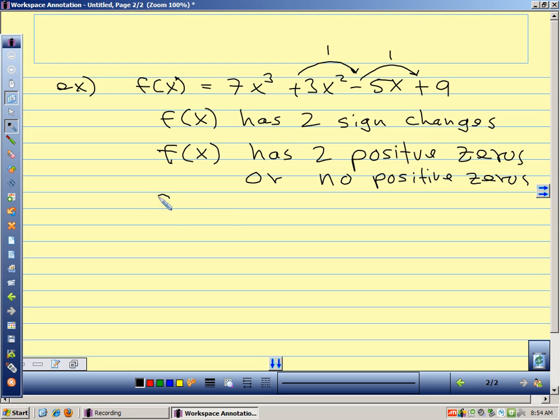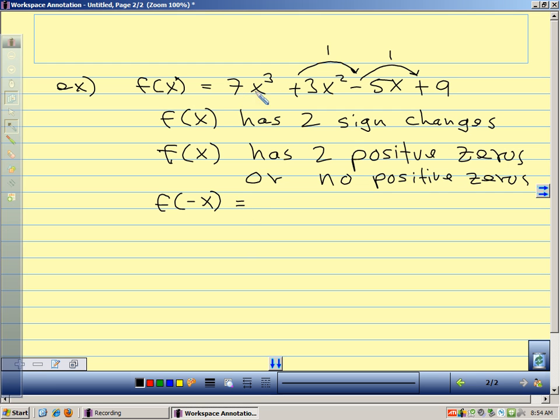So let's look at f of minus x. I'm just going to plug minus x in here. Minus x to the third just changes the sign, turns out negative. So I get negative 7x cubed plus 3x squared plus 5x.